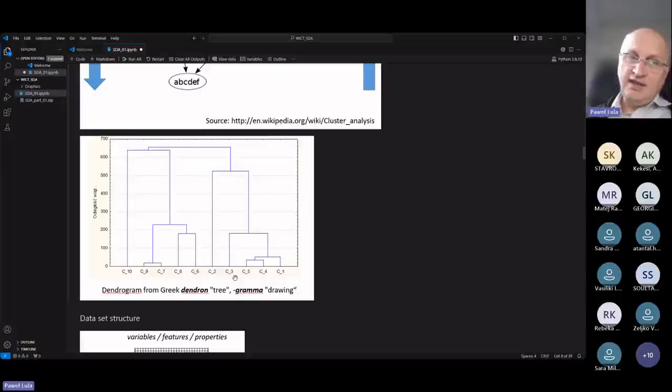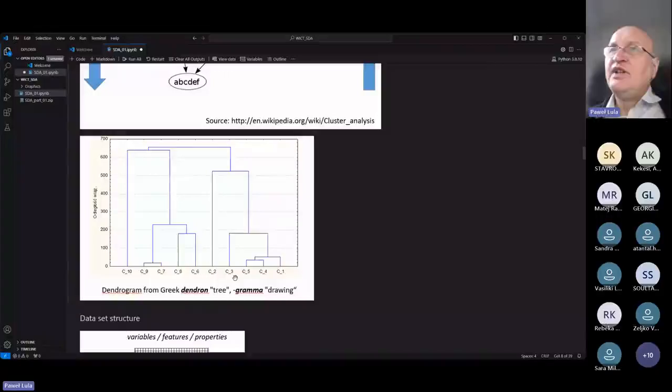Next, using the distance matrix, we should try to find two objects which are very similar to each other. So we should identify these two objects for which the distance is the smallest.